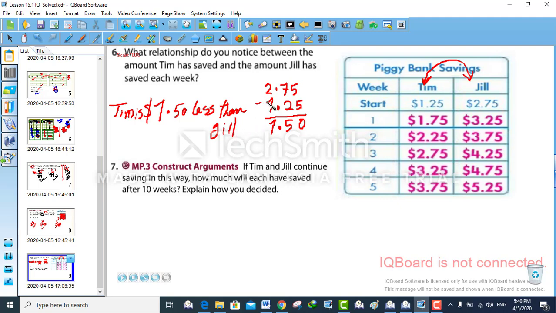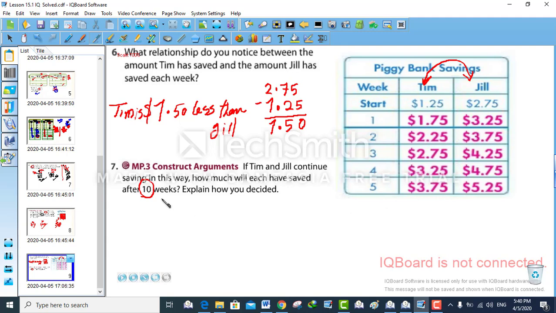Now he wants to ask you, if Tim and Joe continue saving in the same way, which is to add the same amount of money, 0.50 or 50 cents each week, how much will each have saved after 10 weeks? So we can just add the same process, week 6, week 7, week 8, week 9. It's boring a little bit, guys.